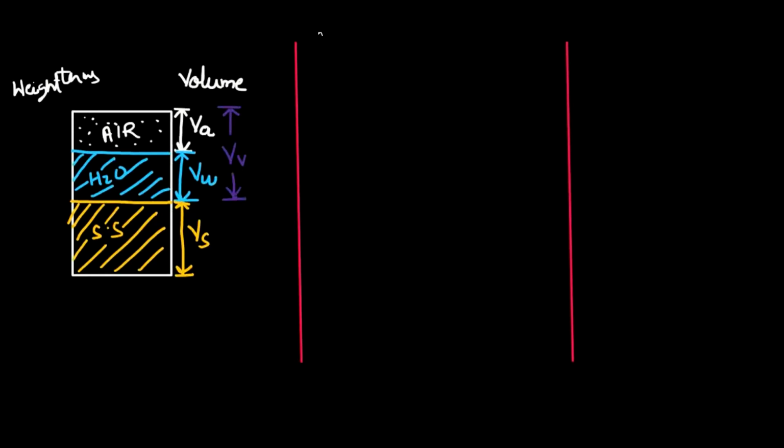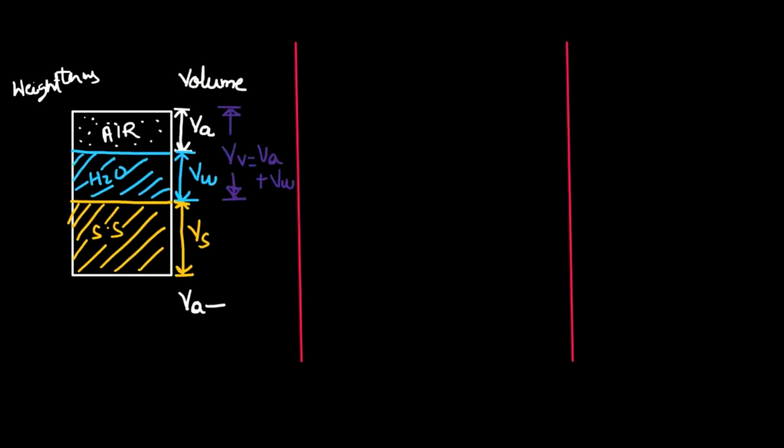In this case these are filled with air and water because this one is the partially saturated soil. So this region from this point to this point will be my volume of voids. I can also write it as volume of voids equals volume of air plus volume of water. You must get used to these terms because I will be using them heavily in the further lectures.